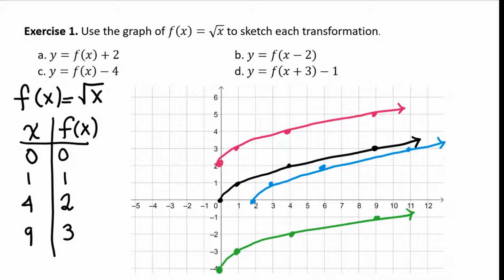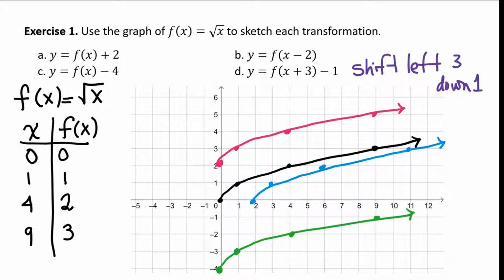And part D, y equals f of the quantity x plus 3 and then minus 1. This tells us we have 2 shifts, a horizontal and a vertical. The x plus 3 tells us that we actually shift left 3 units, and the minus 1 tells us that we go down 1.